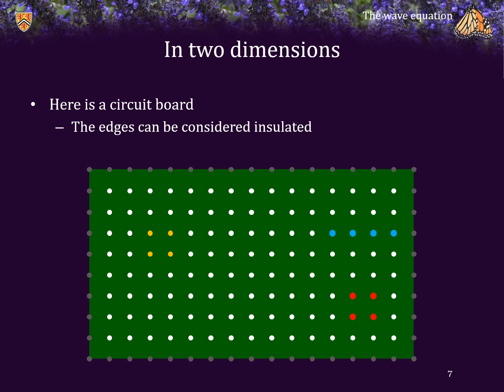So we're going to assume that the edges of the circuit board, which are probably not touching anything, can be considered to be insulated, as air is a reasonably good insulator. On top of that, the heat sink, shown as 4 dots in the top left in light blue, is maintained at ambient temperature.